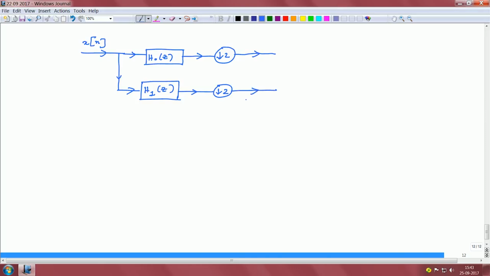As I told you earlier, it is at this interface where you do quantization and some of these things.